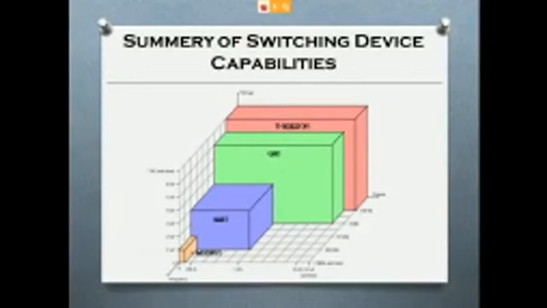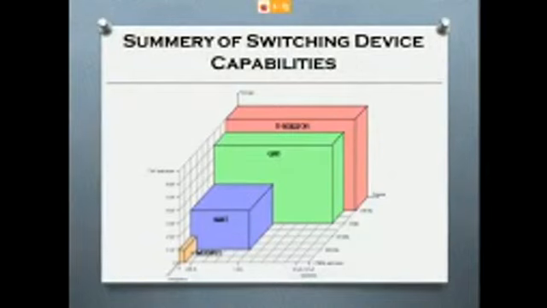Next one would be a GTO. GTO is the second most using current and voltage. It uses around 2 kiloampere of current, 6 kilovolt of voltage, and 1 kilohertz of frequency. Now IGBT. IGBT uses a little more frequency, around 10 kilohertz.